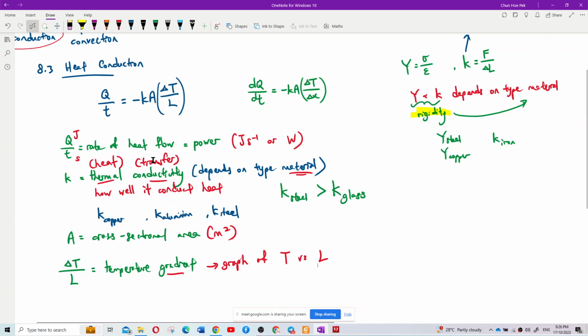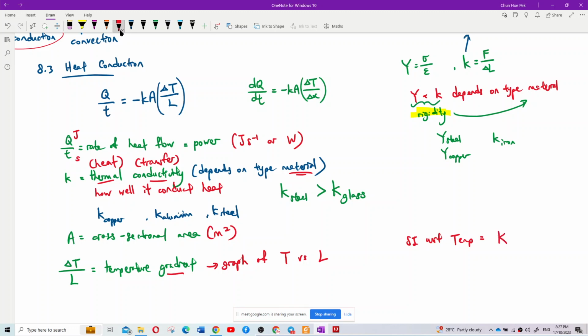Okay, class. Look at what is the unit for temperature gradient first. Temperature gradient unit is what? Okay, SI unit for temperature is what? Remember, class? Do you remember? Kelvin?